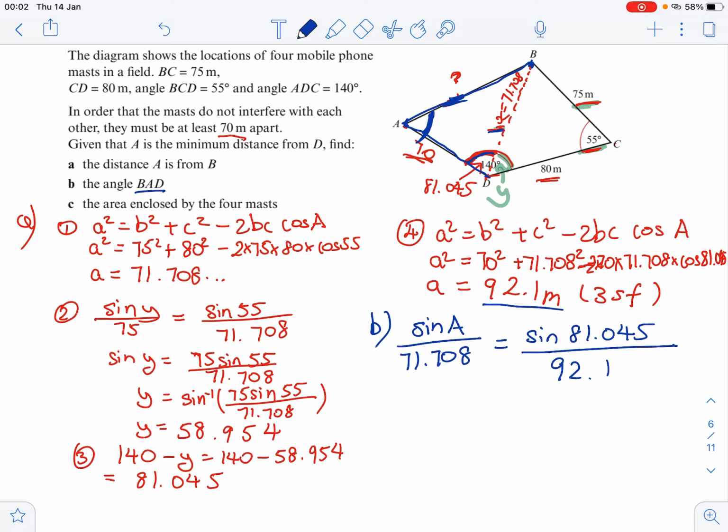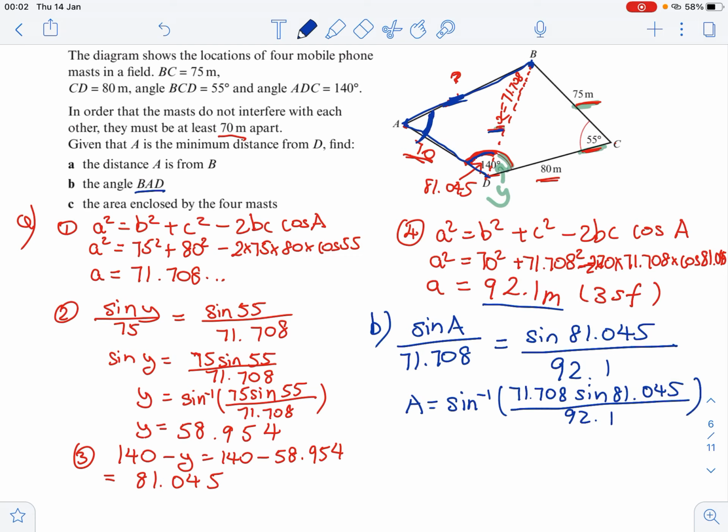Then just rearrange to find our angle A. So A is equal to sin minus 1, multiplying by 71.708 on both sides: 71.708 sin 81.045 over 92.1.